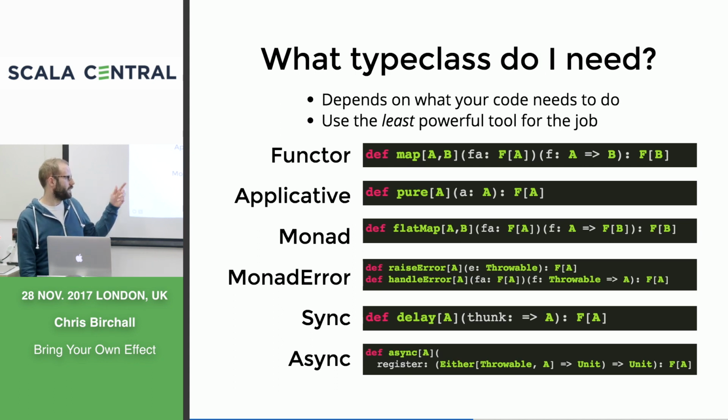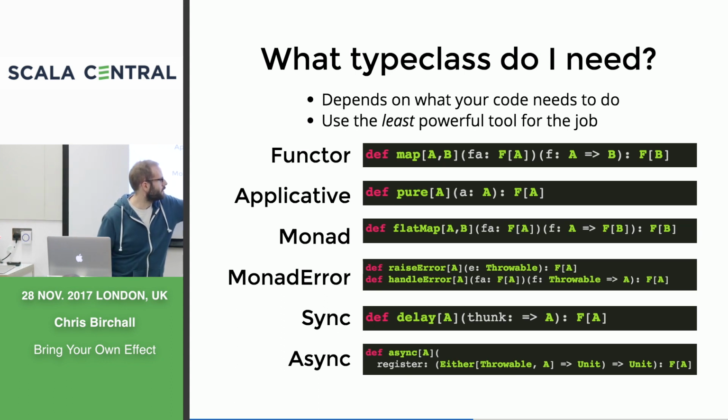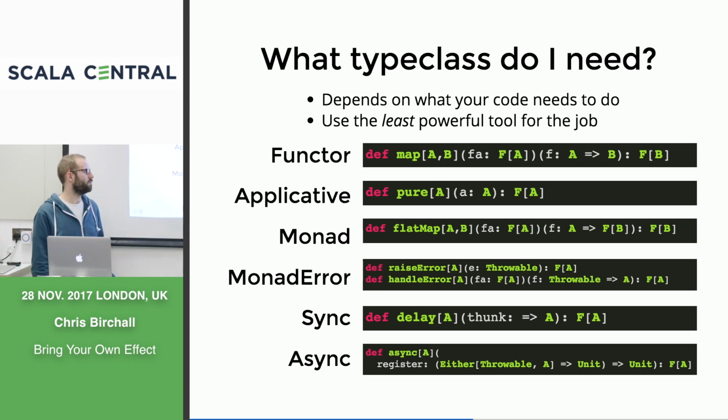And then the last two, Sync and Async, this is where we start getting into effects territory. Sync has this method which I've called delay, which takes a thunk, a piece of code that will lazily be evaluated and in the end will give you something of type A. The important thing is this little rocket arrow here. It's quite innocuous looking, but this is quite important.